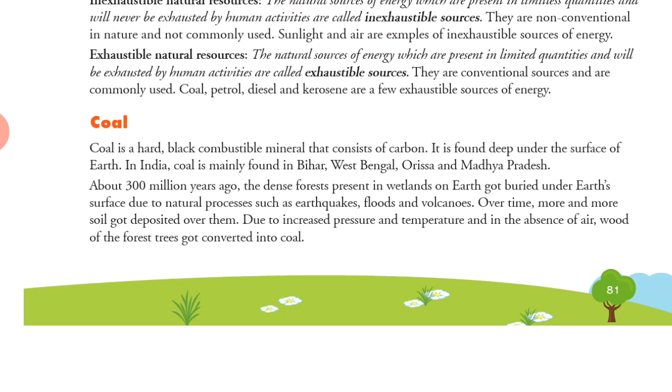Over time, more and more soil got deposited over them. Due to the increased pressure and temperature, and in the absence of air, the wood of the forest trees got converted into coal. This shows how coal is formed in nature under the earth's surface.